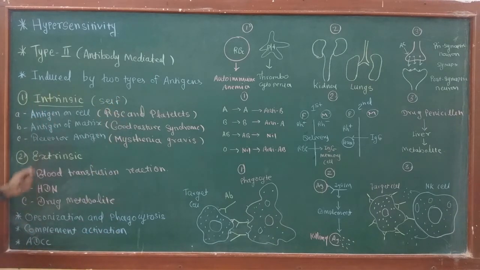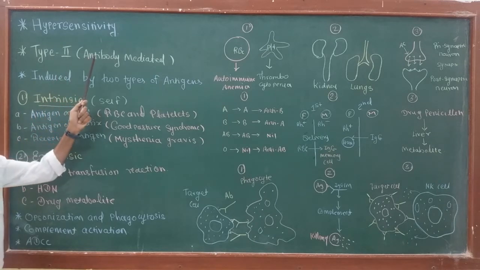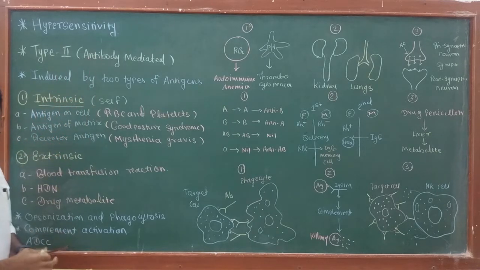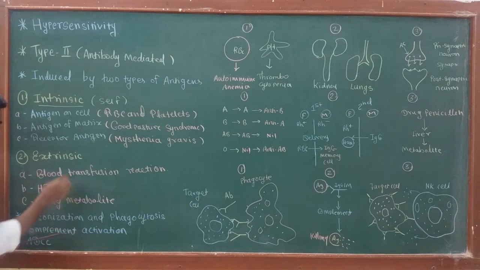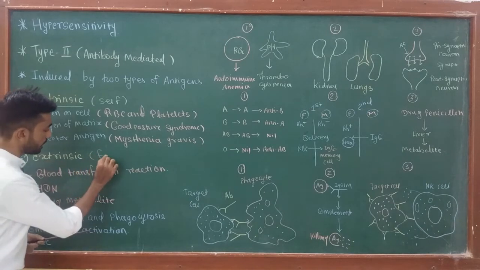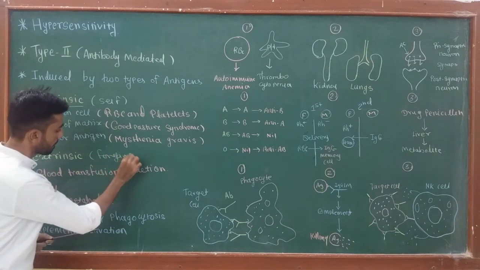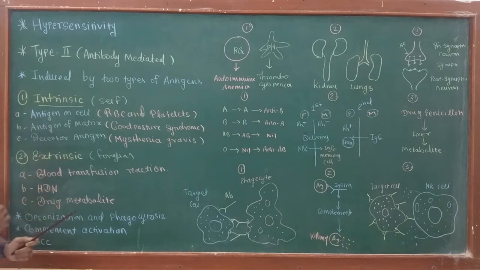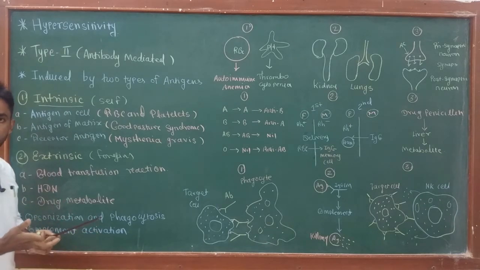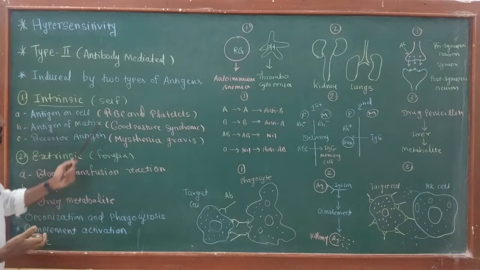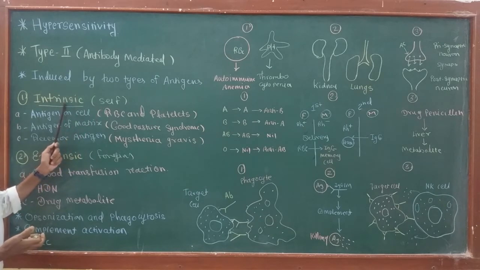self antigen. Three different types of self antigen can induce type 2 antibody mediated hypersensitivity. Immune response to extrinsic or foreign antigen is feasible, okay, but why does the immune system act on the self antigen?